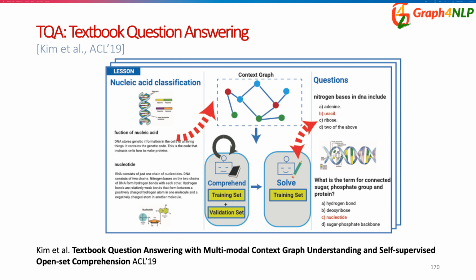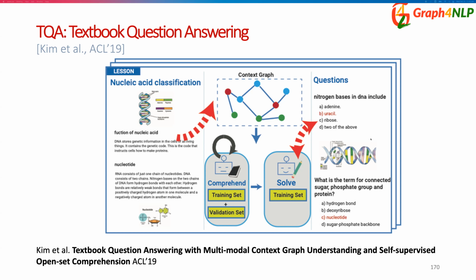Compared to typical textual documents, books contain visual content as well as textual content, so it requires solving a multimodal QA problem. And the questions themselves can be text related or diagram related. So it has additional challenges on top of what we have seen earlier.